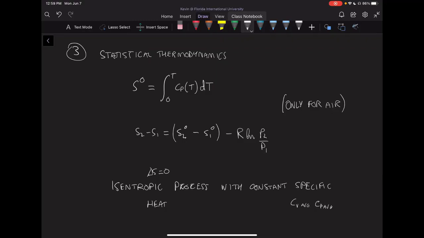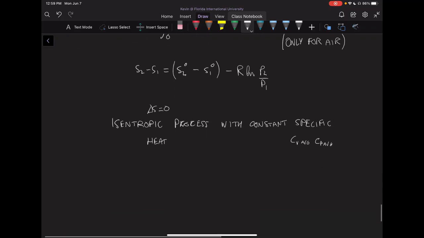And so if we look at our initial equation, we can say S2 minus S1, and we'll use the Cp equation to start with, is equal to 0, which is equal to Cp times ln of T2 over T1 minus R ln of P2 over P1.